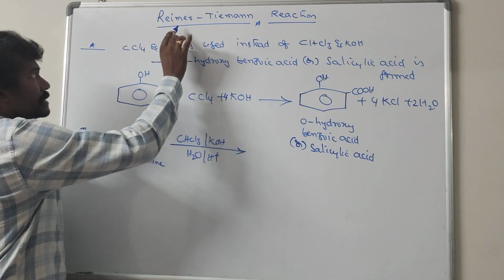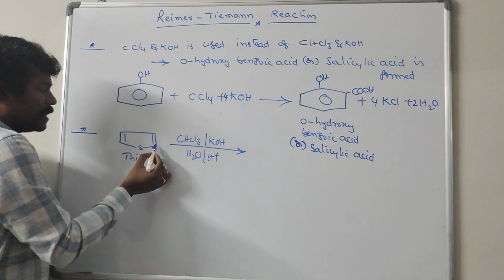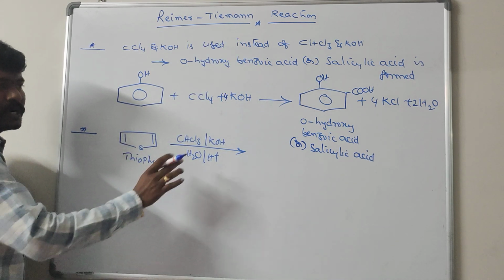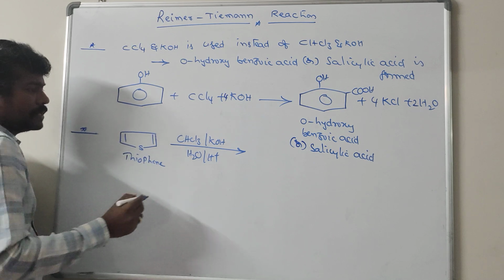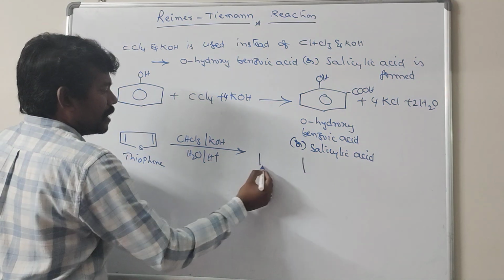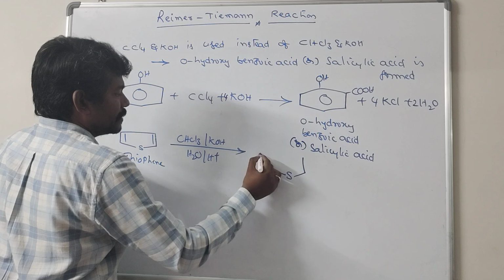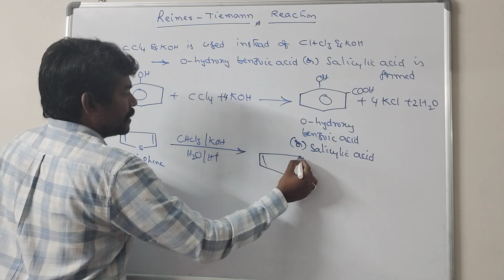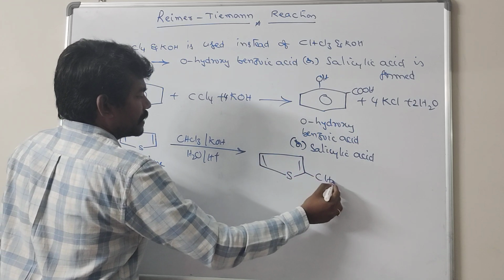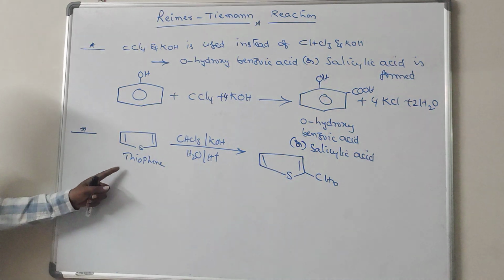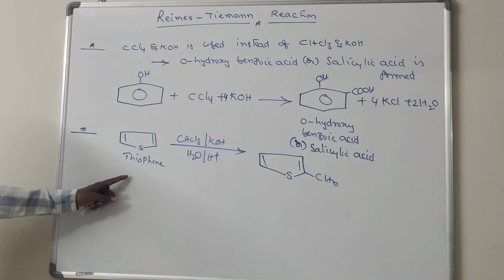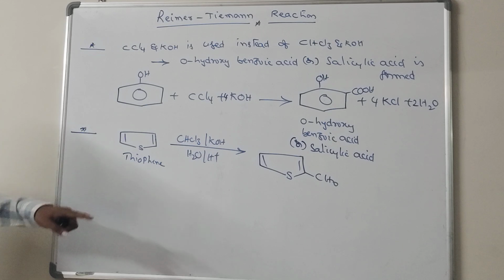As already told, in the Reimer-Tiemann reaction an ortho substituted aldehyde is the main product. So in the case of thiophene also, we get an ortho substituted aldehyde like this.